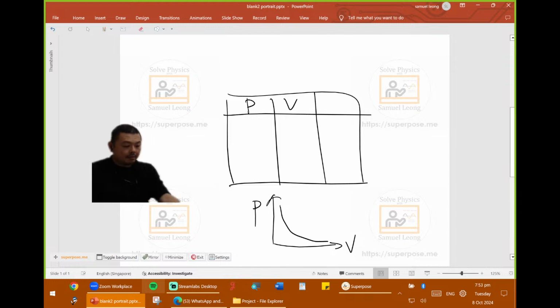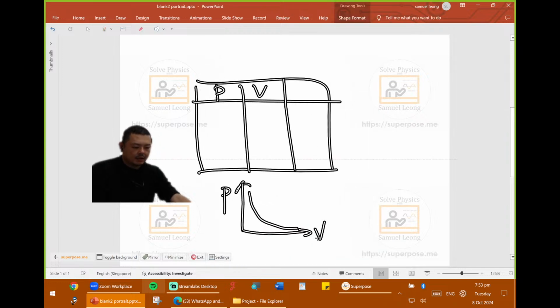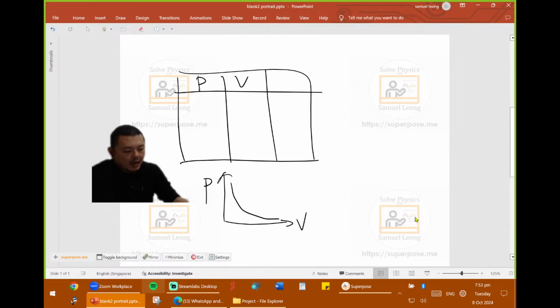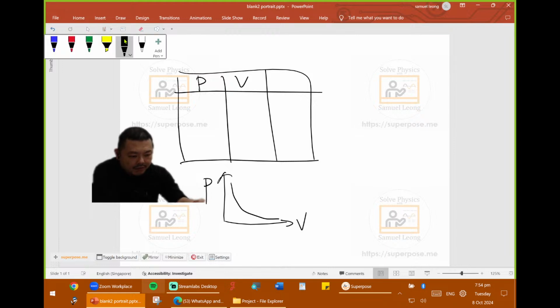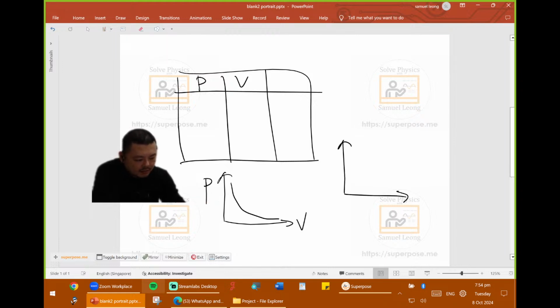And in physics, we don't quite like curves. The question is, how do we draw a straight line graph? So you have to plot P against 1 over V.